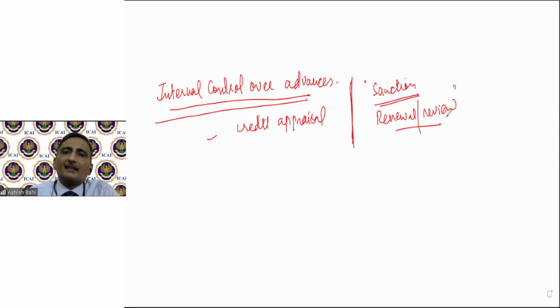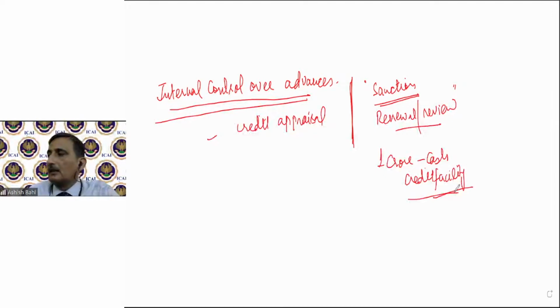Say if I am a company and I go to a bank for the first time and the bank sanctions me ₹1 crore as cash credit facility. I assume that you already know about cash credit facilities. So the branch would have sanctioned me a cash credit facility of ₹1 crore.